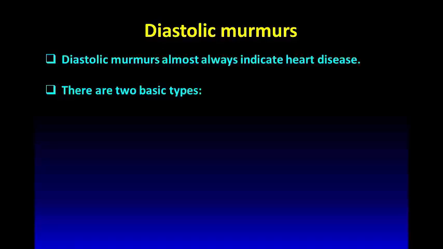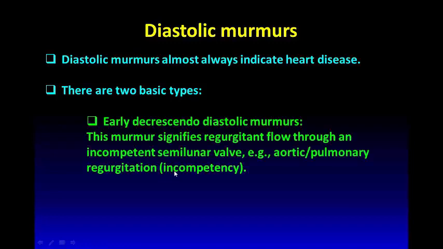Now we shall be describing some important diastolic murmurs. Unlike systolic murmurs, which could be innocent and also physiological, diastolic murmurs are almost always pathological, so they almost always indicate heart disease. There are two basic types of diastolic murmurs.